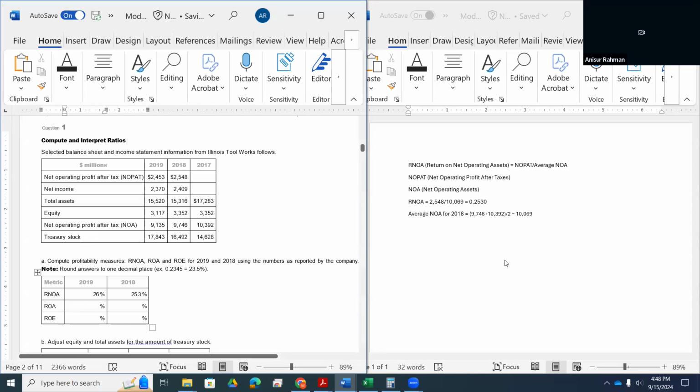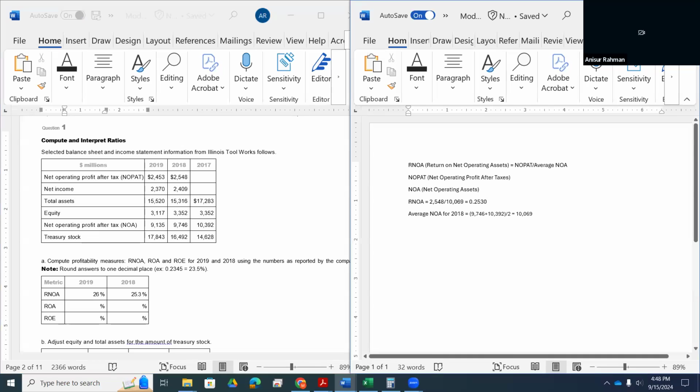Now, ROA. ROA means return on assets, which is equal to your net income divided by average total assets.